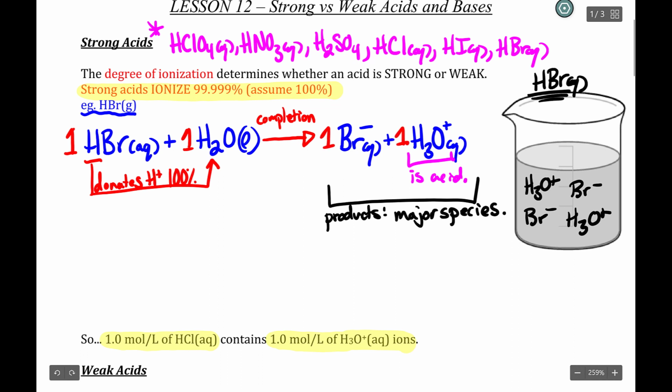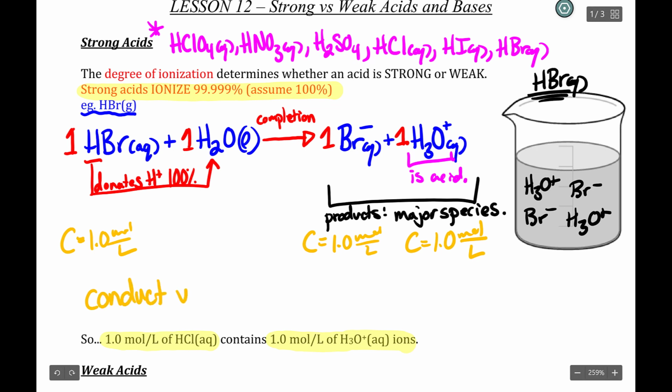If all of it ionizes and the concentration of, say, HBr here is 1.0 moles per liter, then both products have a concentration of 1.0 moles per liter because it's a 1-to-1 ratio. Strong acids will also conduct very well the more ions that are there.